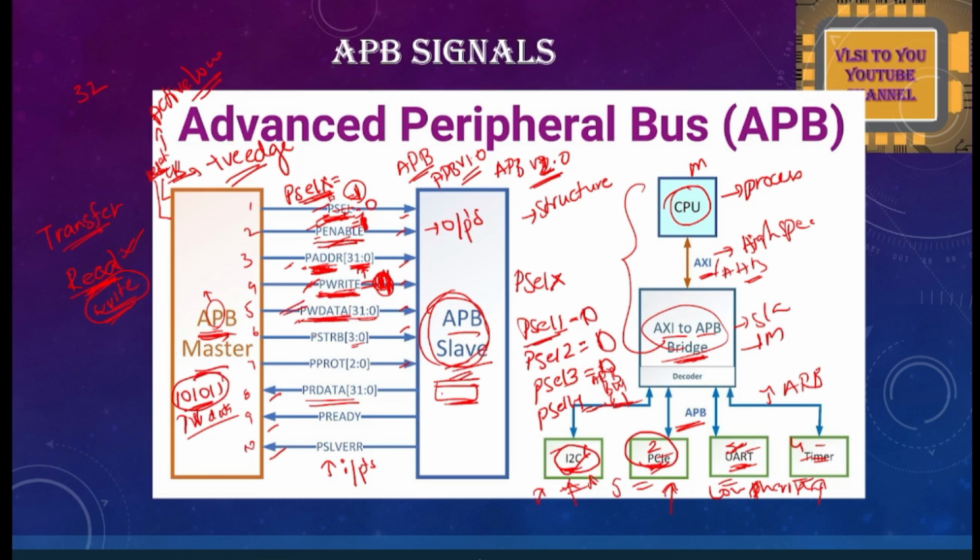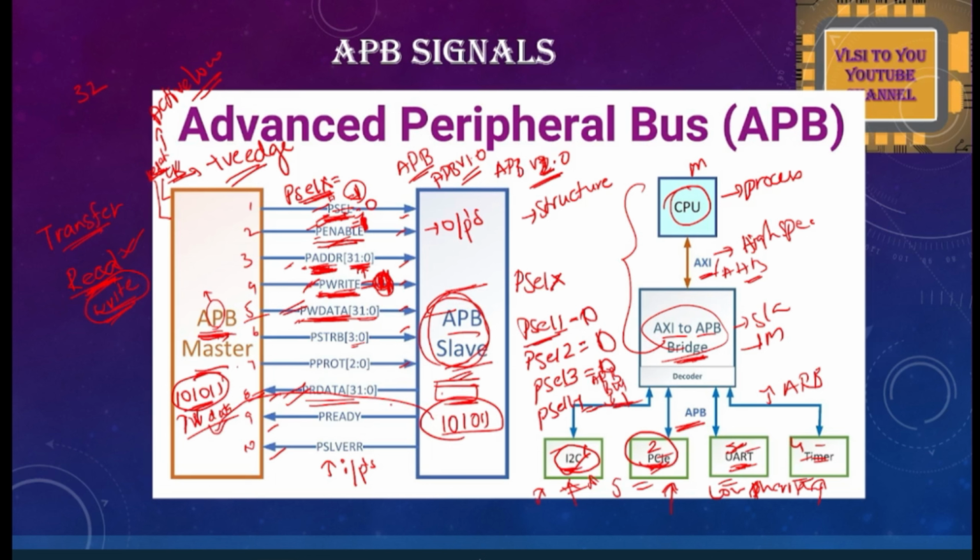Now since we are talking about PWDATA, let us talk about PRDATA also. If you see here, PWDATA is an output, because the master will be writing something into the slave, so it goes from master to slave. Now if you see PRDATA, why is it in this direction? Because the master is going to read something from the slave. That means the data is in the slave, and it is going to be read by the master.